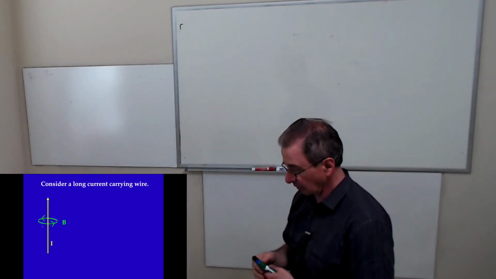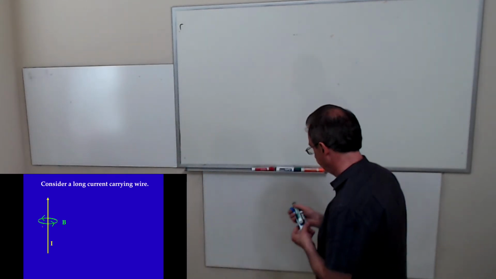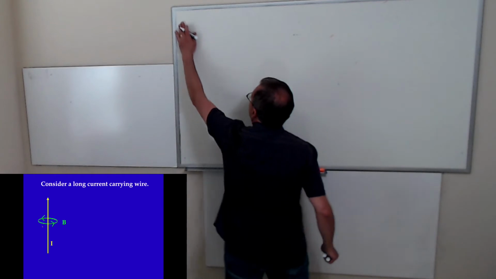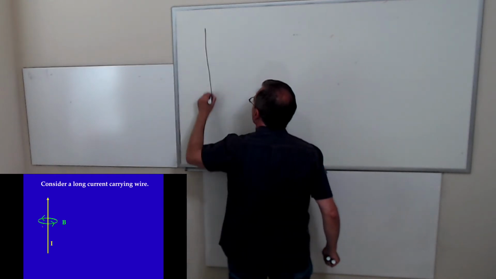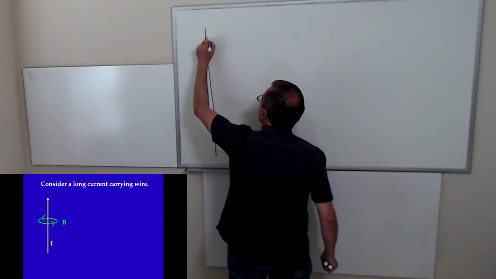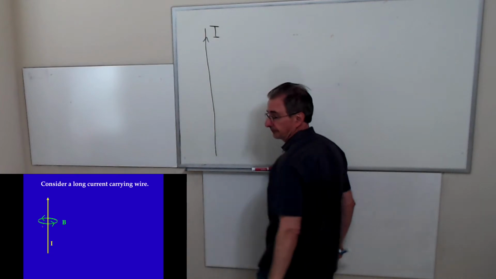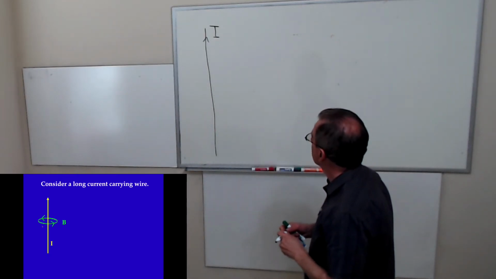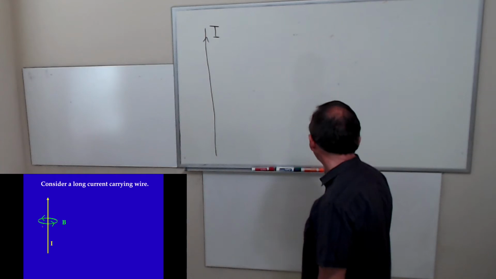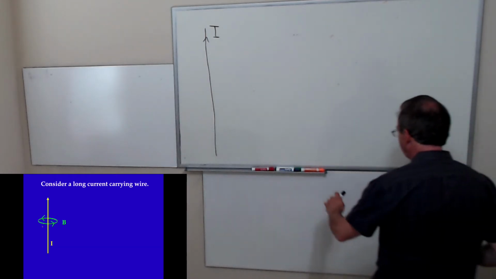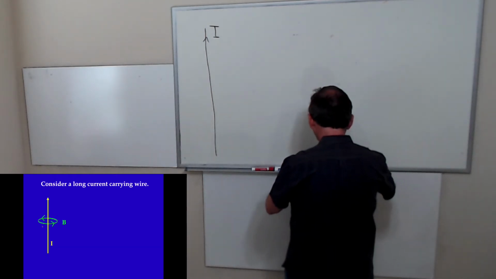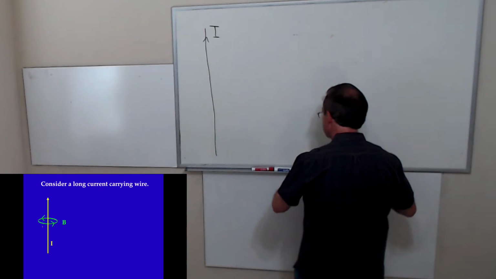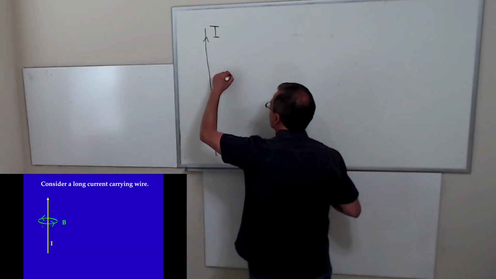So suppose I have a long current carrying wire. Let's see. The magnetic field wraps around this wire. The magnetic field wraps around. This is always so hard for me to draw.